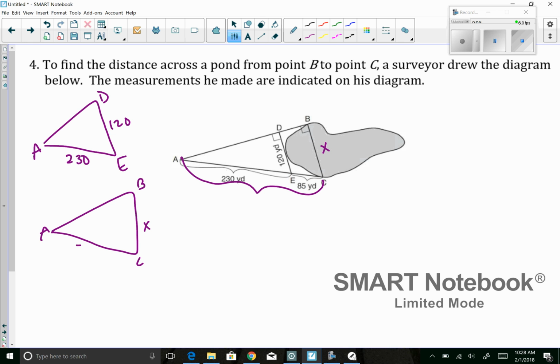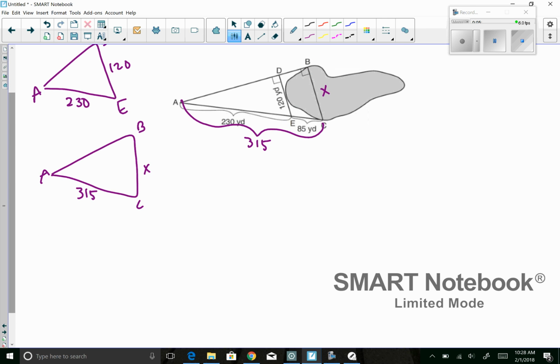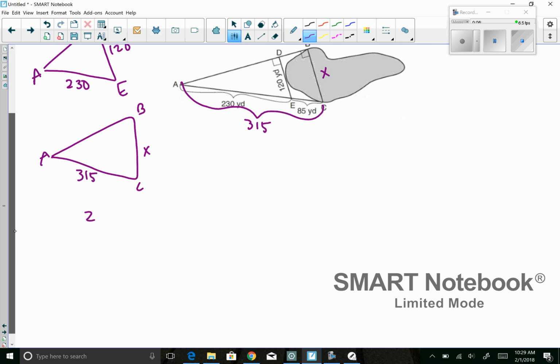I add those two numbers up to get 315. Once I know that, I can set up my proportion. So the side of 230 becomes the side of 315.